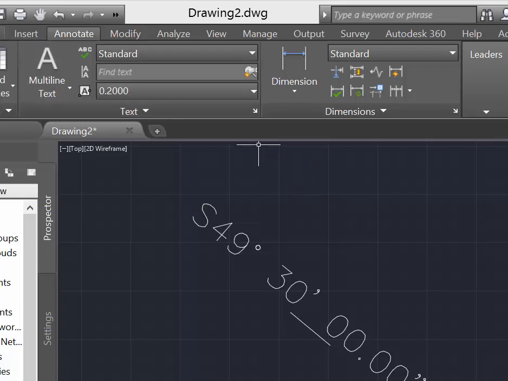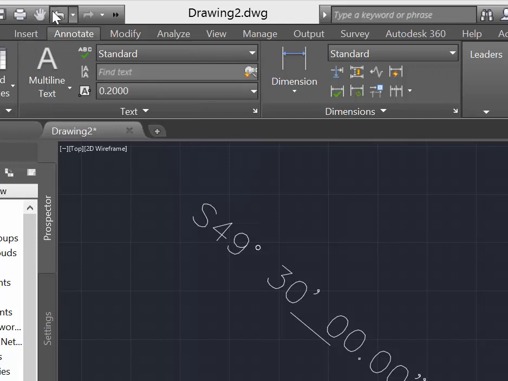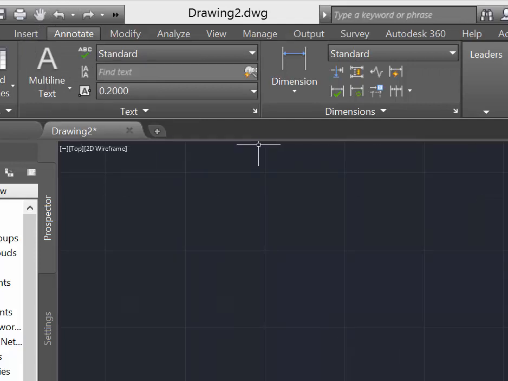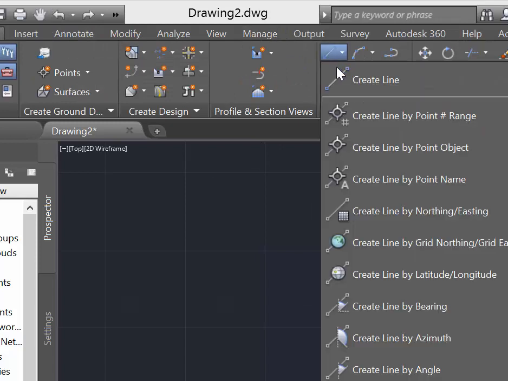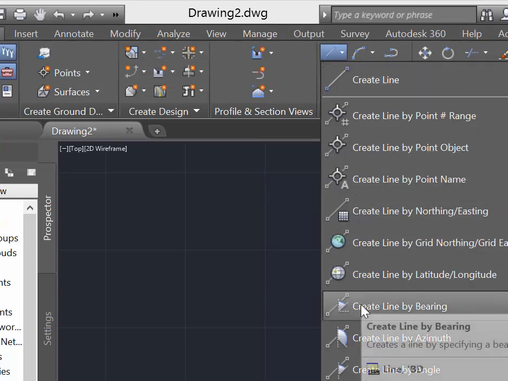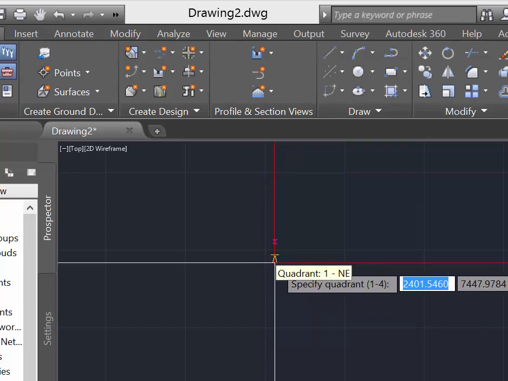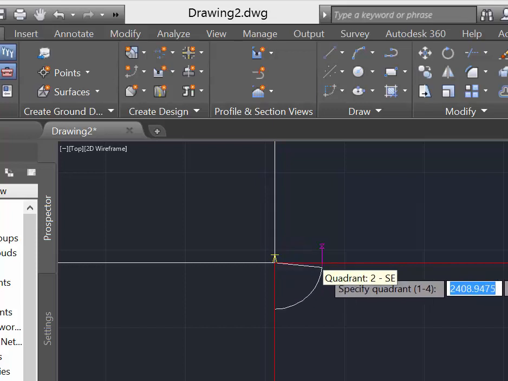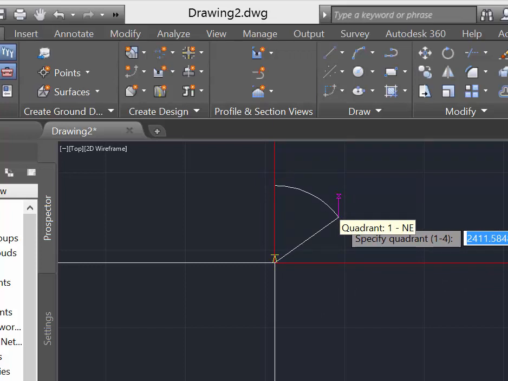The other thing to keep in mind with this tool is you can also create a line by a bearing. If I click a point, see, it's asking me what quadrant. You can see where the cursor is.